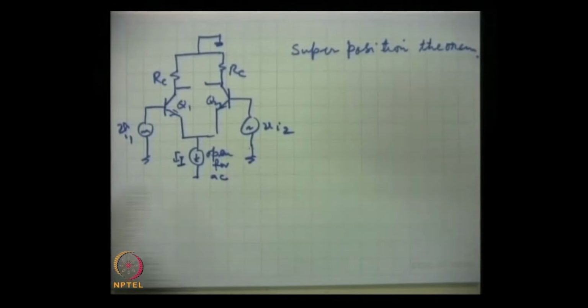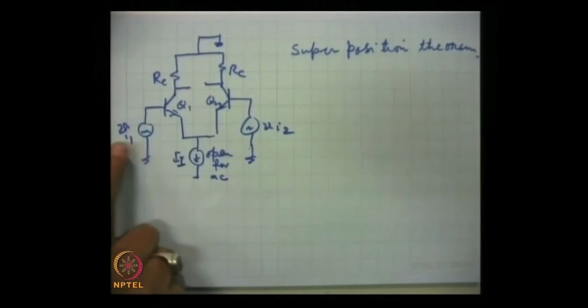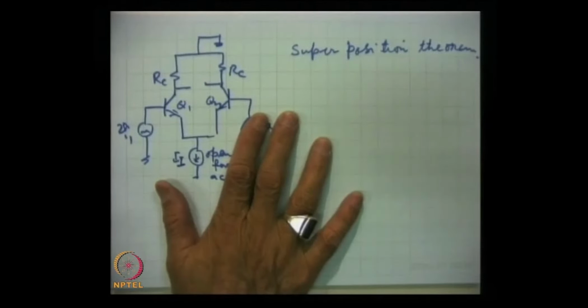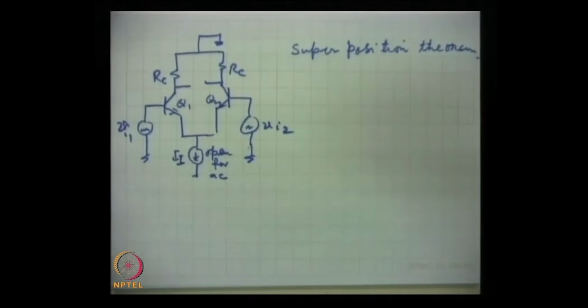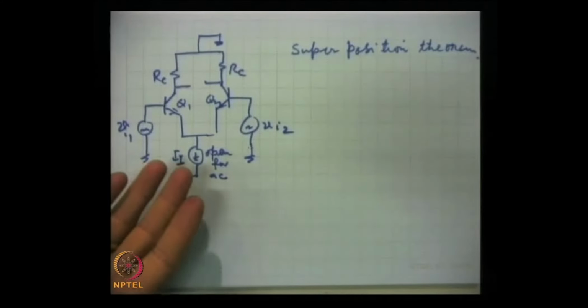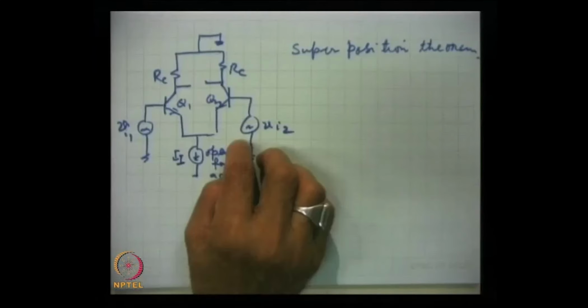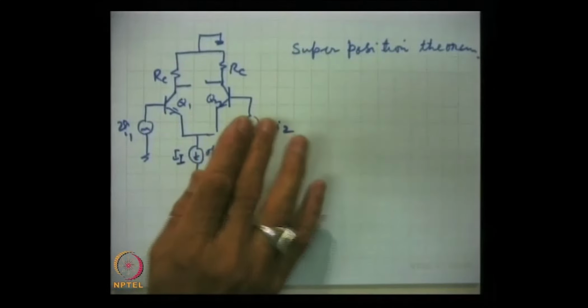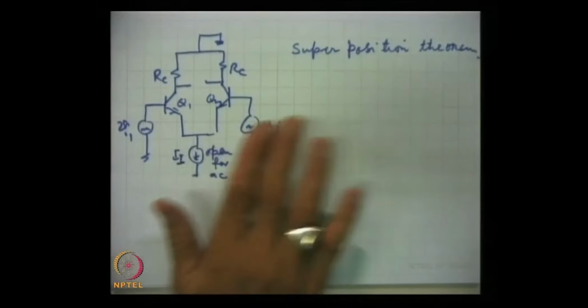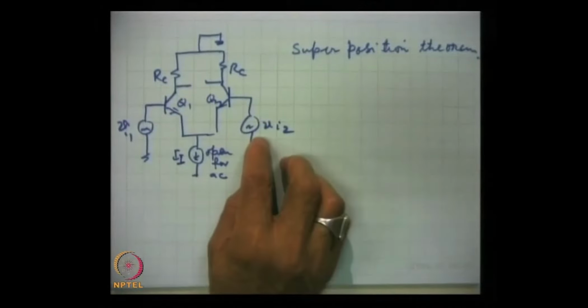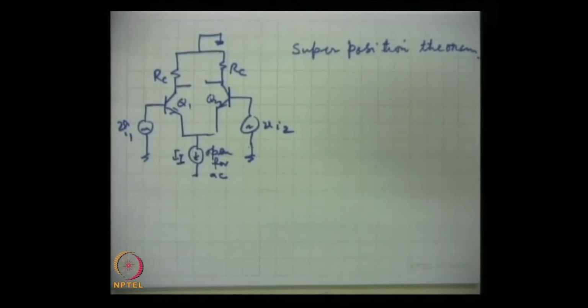That first we apply only one source, for example Vi1, the other source is grounded, and we will study the circuit, we are interested in gain. So, what will be the gain and what will be the output because of only one source, that we will study. And then this we will superimpose on taking this as grounded, and Vi2 will be taken as active.